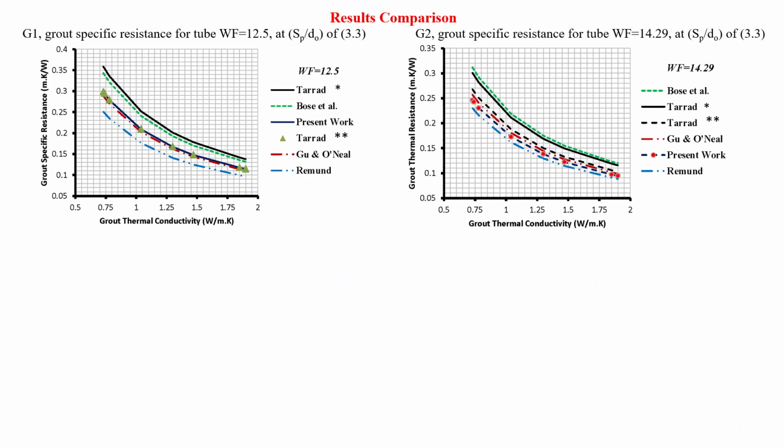And for geometry G2, the higher value was predicted by both Etal and the minimum value by Raymond.